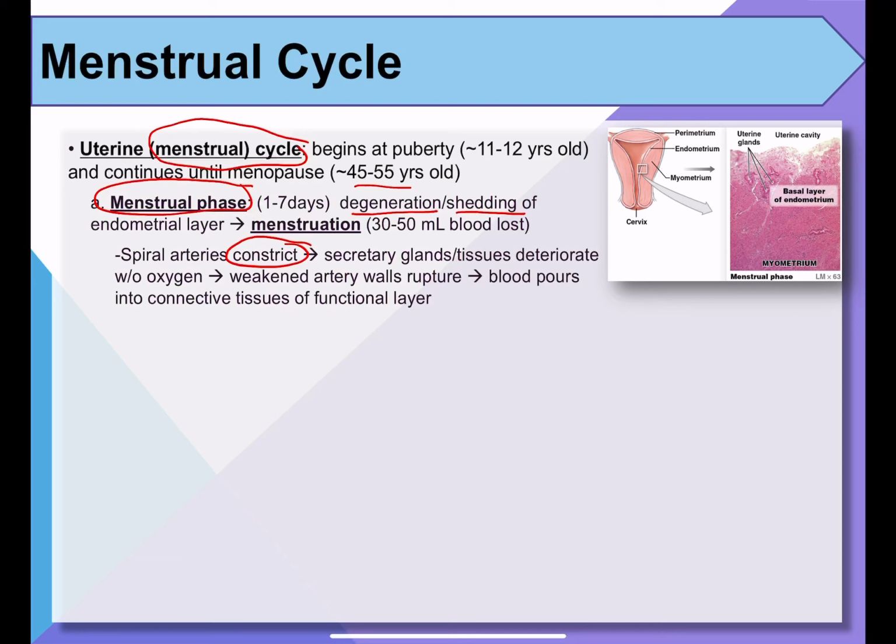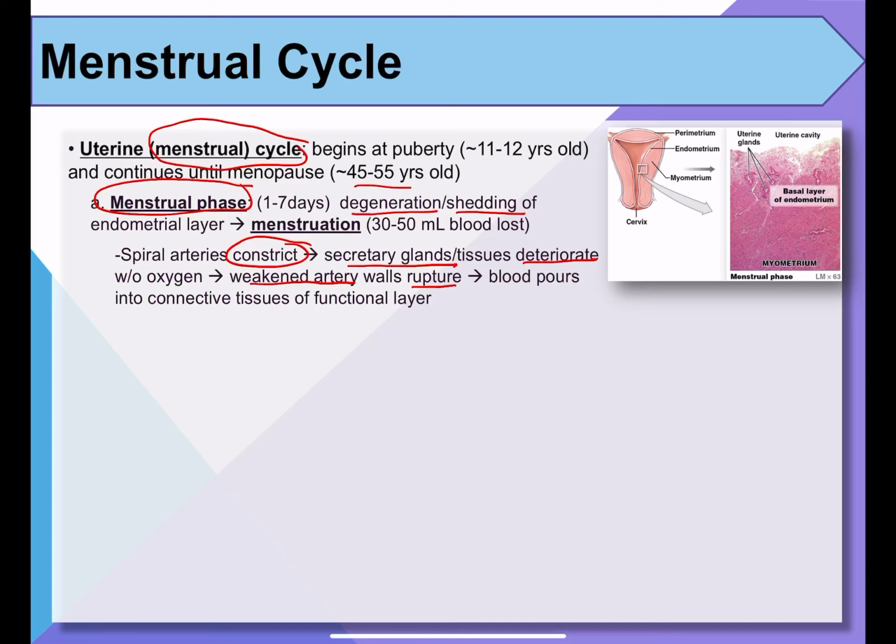And when they constrict, the secretory glands underneath the endometrium layer will deteriorate because they no longer have a good supply of oxygen. The weakened artery then starts to rupture, and blood will pour out into the connective tissue of the functional layer, and with muscular spasms of the uterus, it will be expelled out of the body.